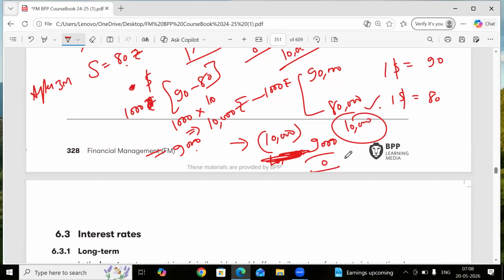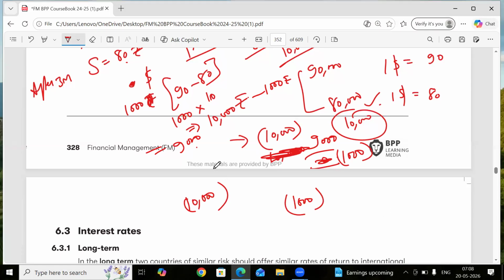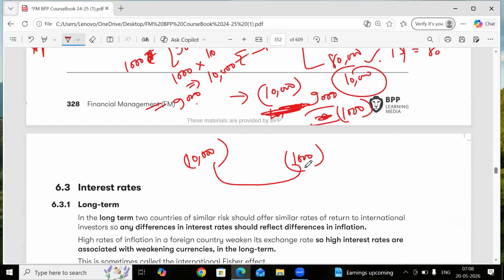So still a loss of 1,000. But actual loss was 10,000. Now the loss is 1,000. You could reduce or minimize your loss from 10,000 to 1,000, and you could save yourself from a bigger loss of 9,000 rupees. That is what the concept is.